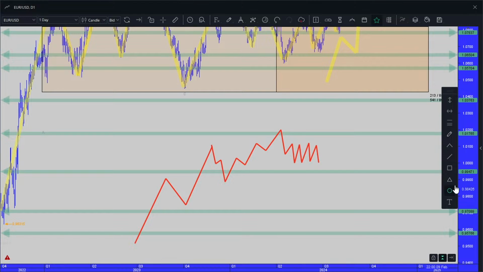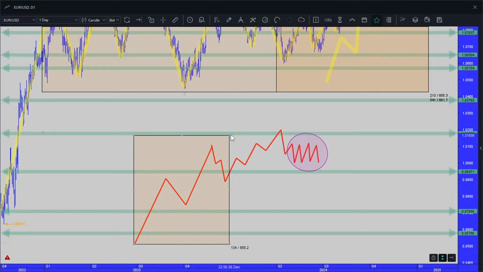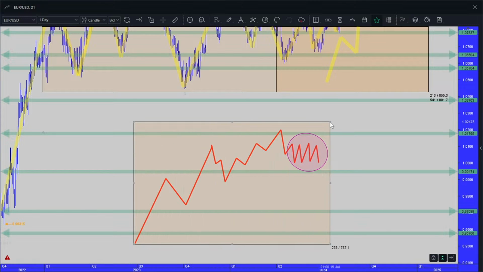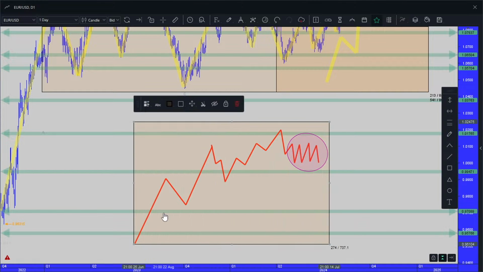All right? If you see just consolidation, you are seeing one story. If you understand that this consolidation is part of the bigger trend, then you see another story. Does this make sense to you?